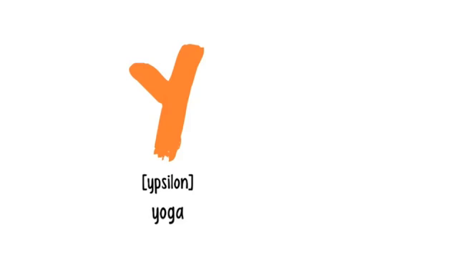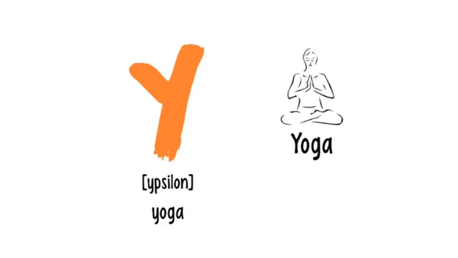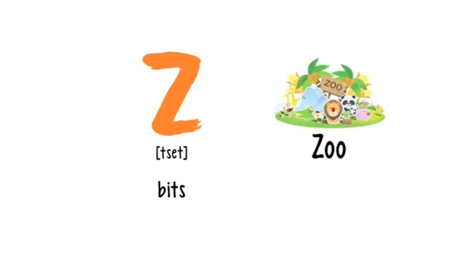In the German language, we don't have that many words starting with the letter Y, but we also have the same word, yoga. And the last letter is Z, which is pronounced like the S in the word bits. Here we have the example of the word Zoo, which means zoo.